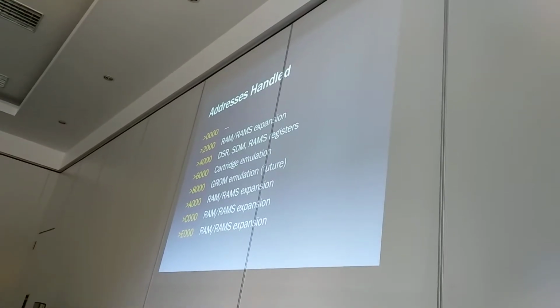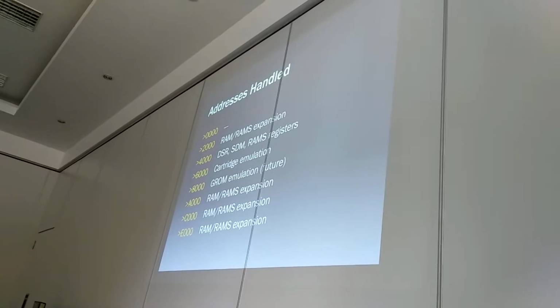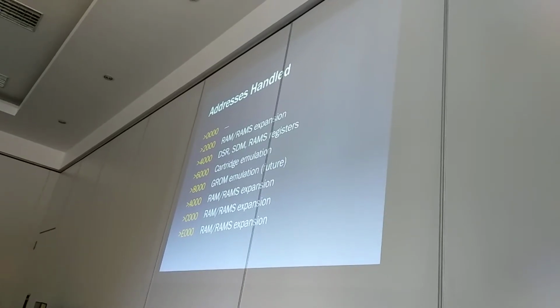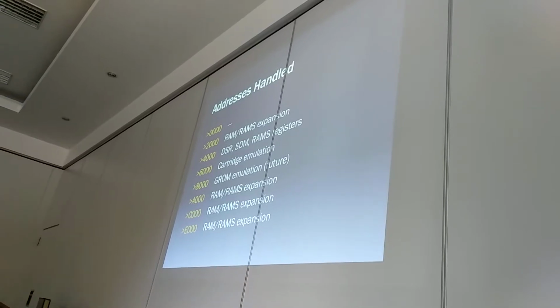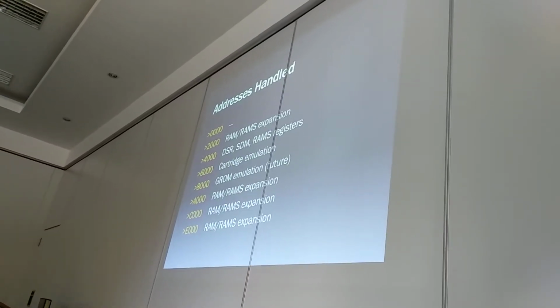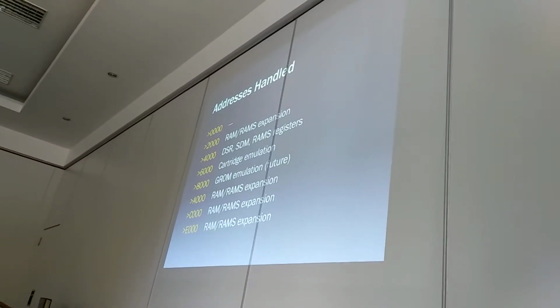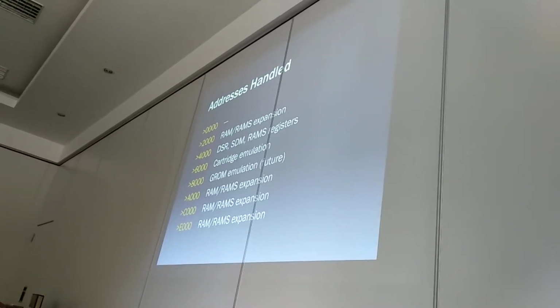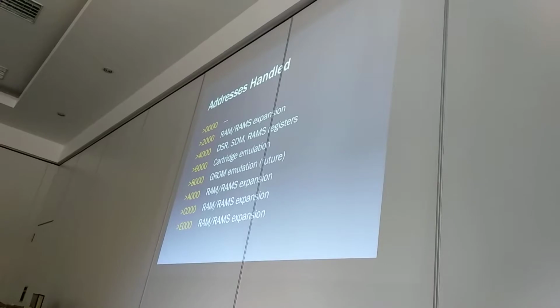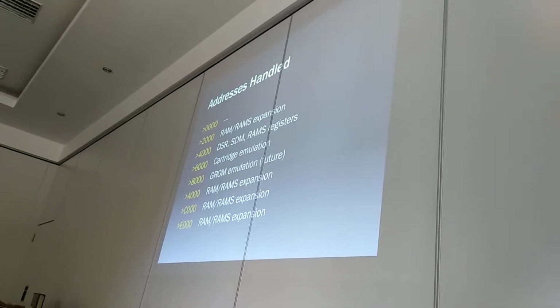The SAMS is basically a large array of RAM, but it gets mapped to the 4 addresses here, and it basically pages individual RAM regions into this accessible area here. And these registers are in 4000.